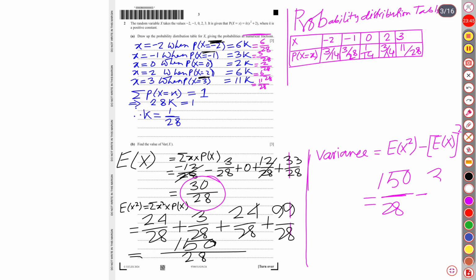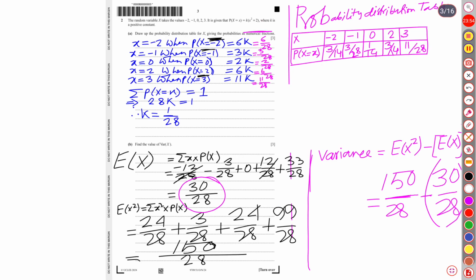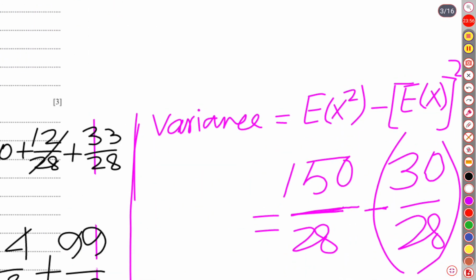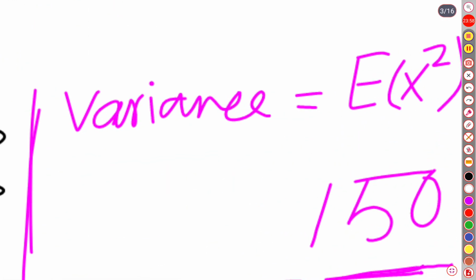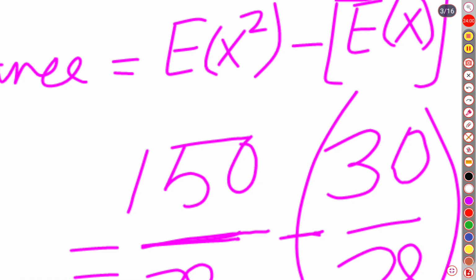So 30 over 28. Then we will not forget to use the whole squared. Here is our whole square. And this minus symbol will be outside the bracket. Yes, this is the subtraction symbol.